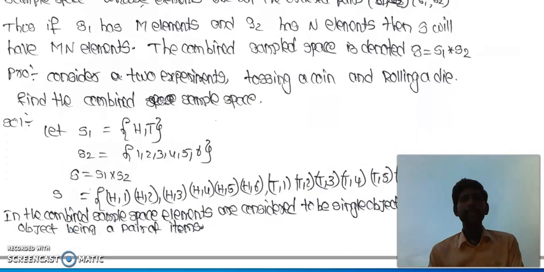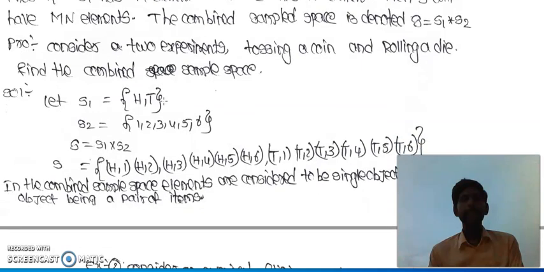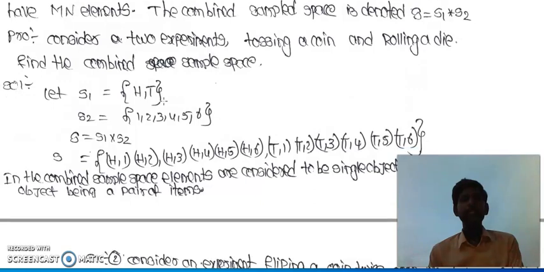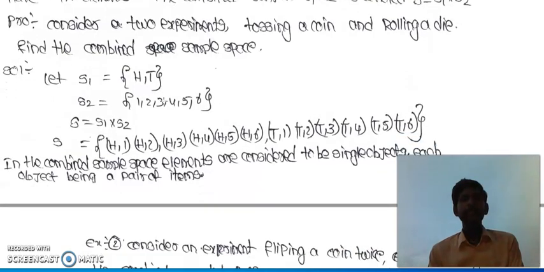Let us consider an example for the combined experiment. Consider two experiments: tossing a coin and rolling a die. Find the combined sample space. For tossing a coin, the sub-sample space is H, T. In rolling a die, the sub-sample space is 1, 2, 3, 4, 5, 6. The combined sample space is denoted by capital S, which is S1 cross S2.